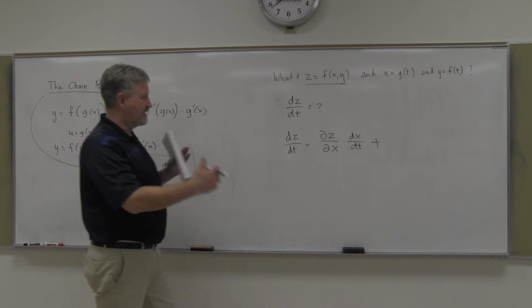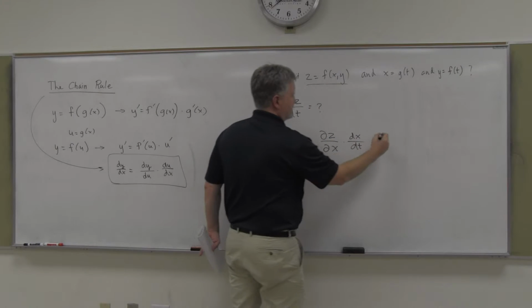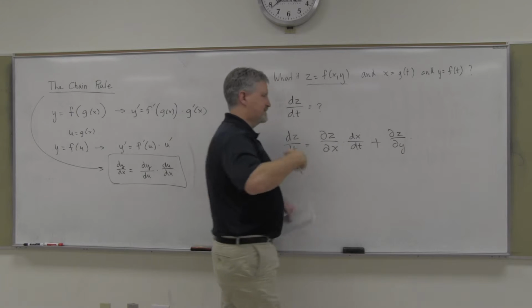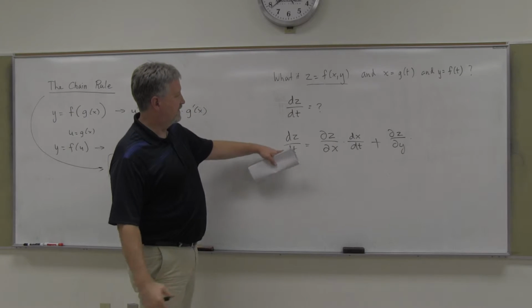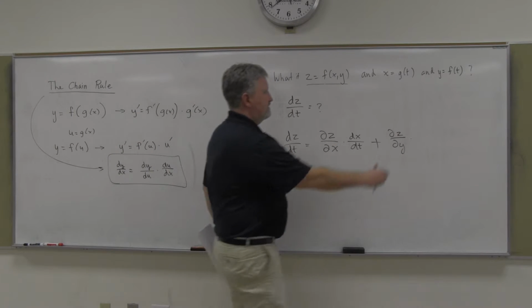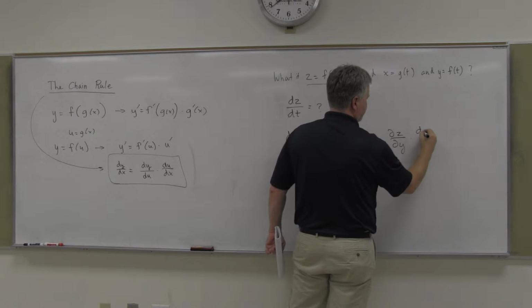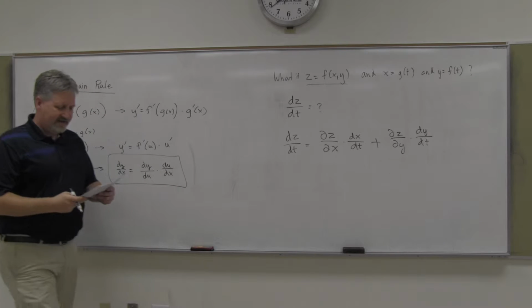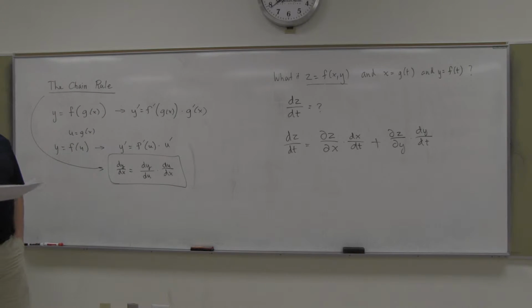Then the same thing goes for the partial of z with respect to y: by chain rule, to get to the derivative with respect to t, I've got to go through this one. Like I said, it can be proven by the definition, but I'm going to skip that.